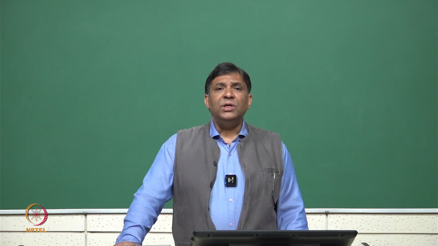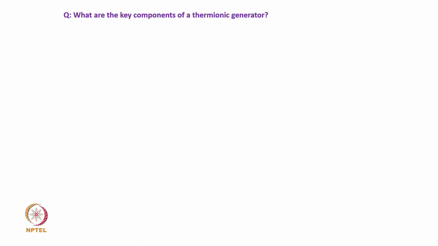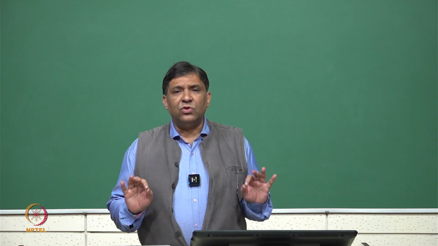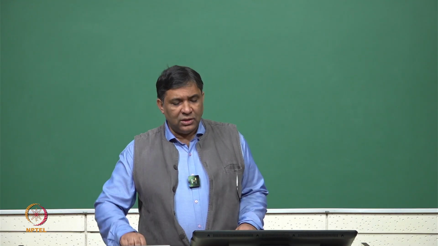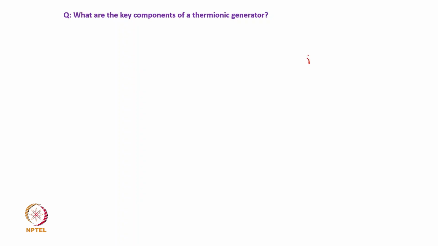What are the key components of a thermionic generator? So, we have seen the thermionic generator is basically in diode geometry, that means two electrode geometry. Okay. So, the key components are the emitter, the collector, and the inter-electrode separation. This is a very important component.